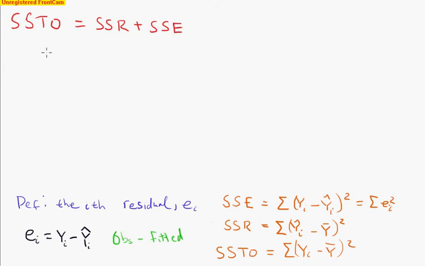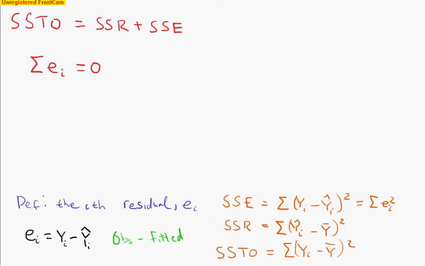The other one, part of the reason why we need this squared, is that the sum of e_i is equal to 0. This is an important relationship, and we'll see why it is so important.